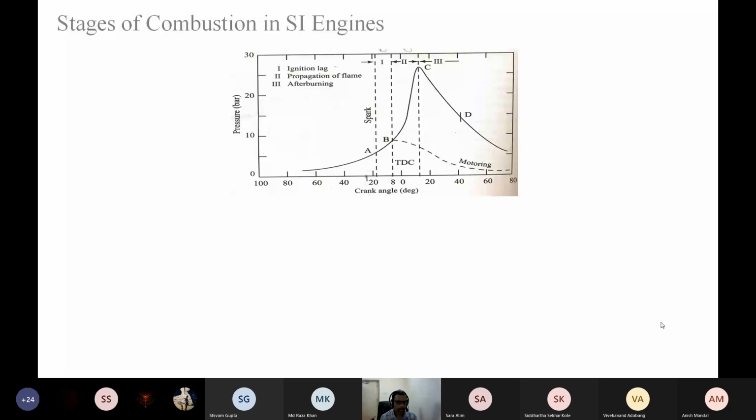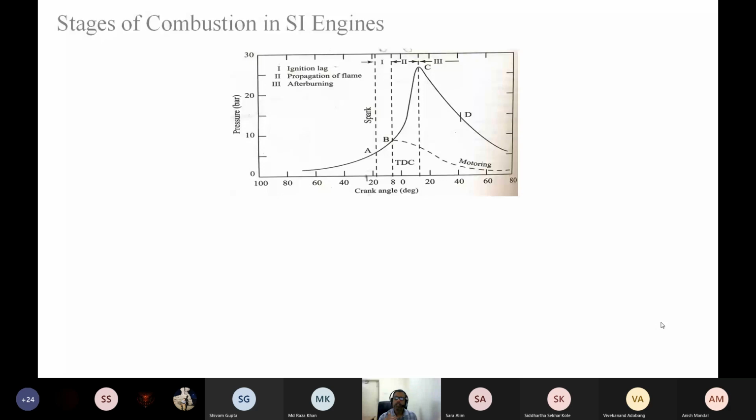And here, I'm assuming that all of you are very well familiar with how the air and fuel mix with each other and form a combustible mixture in the combustion chamber. Once the fuel and air come into the combustion chamber during the intake stroke, the compression stroke starts.